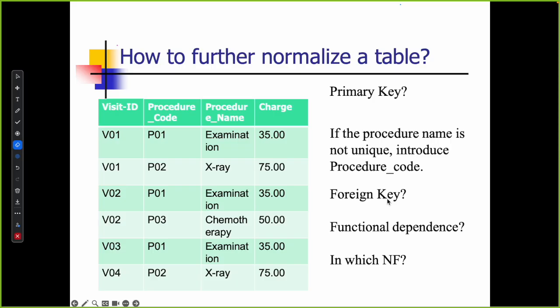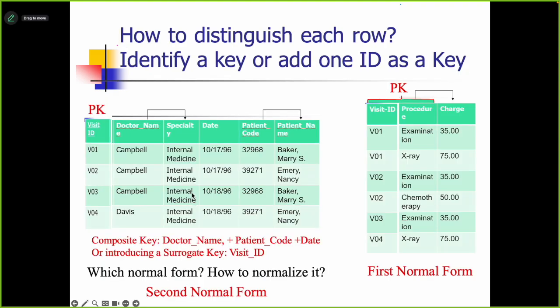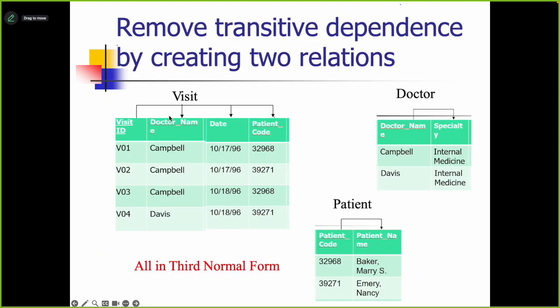Visit ID. Visit ID can be, because this is not a visit table, right? So if you check the previous table, this initial table which we normalized, in the table on the top left, this is your visit table, right?